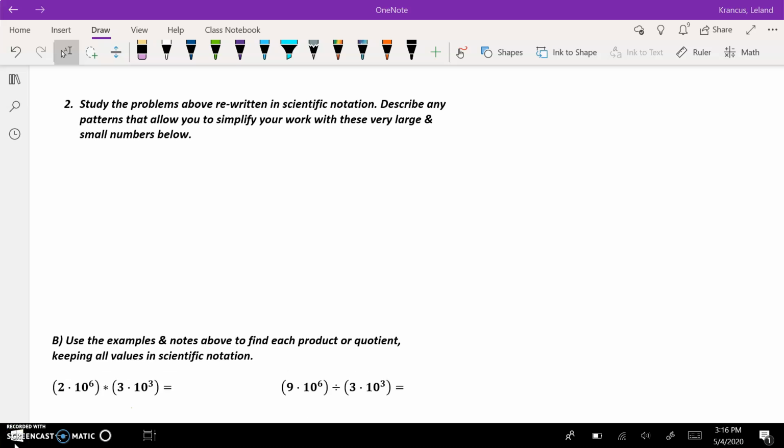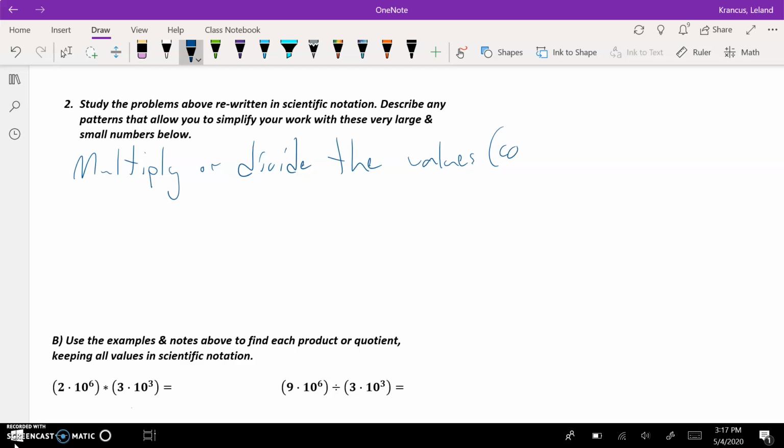So hopefully what you notice is that you can multiply or divide the values. Think of those as the coefficients, the non-exponential piece of each number, separately from their scale or their magnitude.